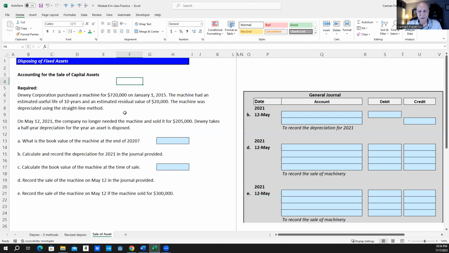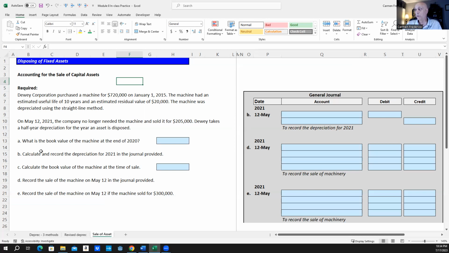But typically companies, if they have assets being bought and placed in service throughout the year, will take a half-year depreciation in the year of purchase or placing in service, and take a half-year depreciation in the year of disposition if the asset is bought or sold in the middle of the year. Okay, in this case, it's sold in the middle of 2021.